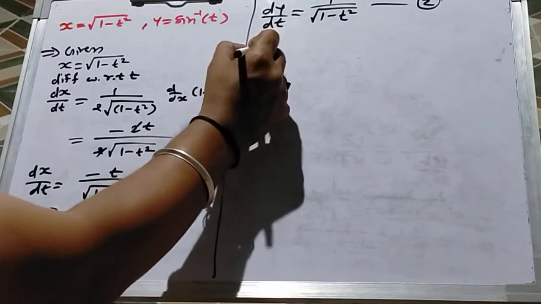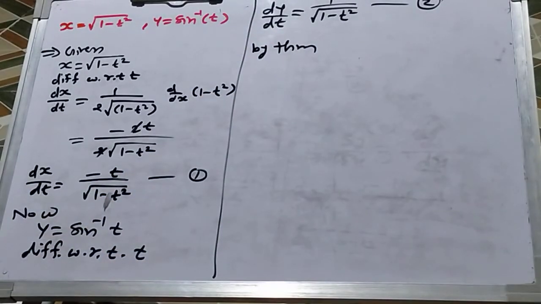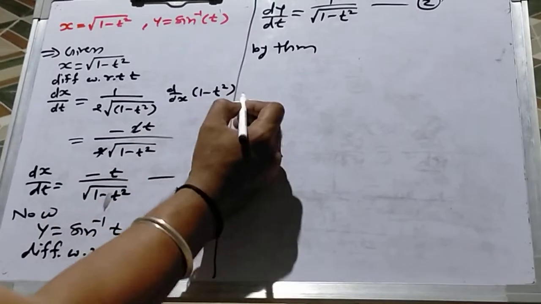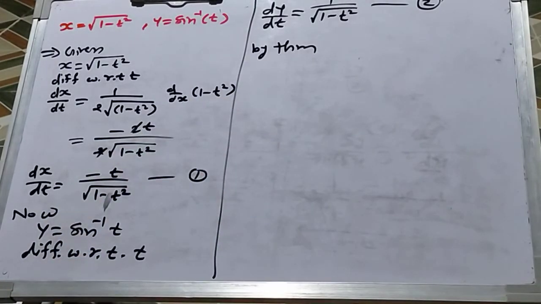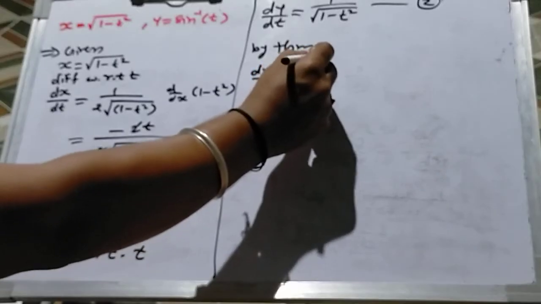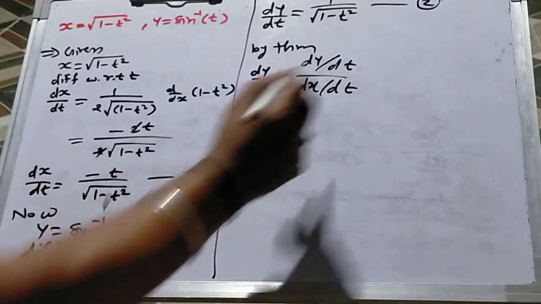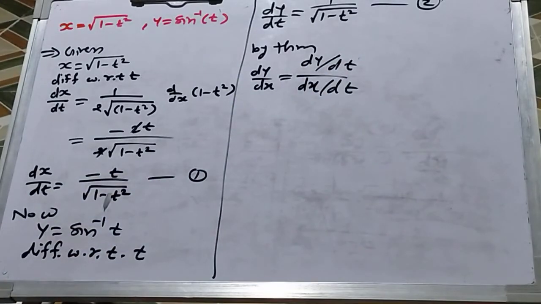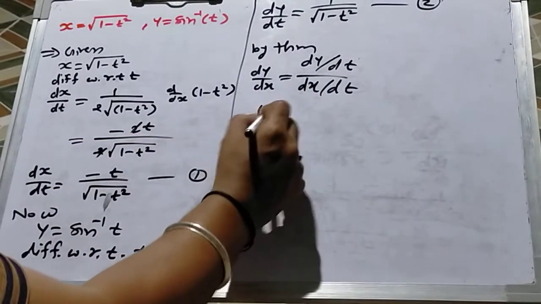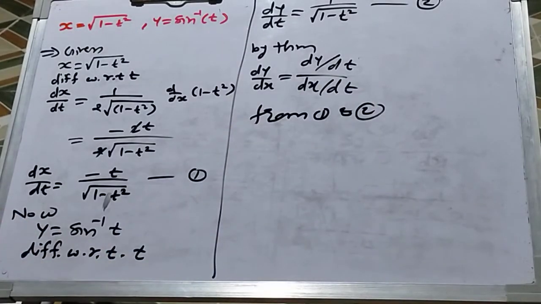Now by the theorem, that is the derivative of a parametric function, dy by dx is equal to dy by dt divided by dx by dt. Now from 1 and 2 we put the value of dy by dt and dx by dt.